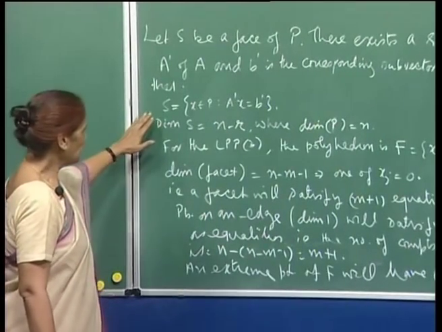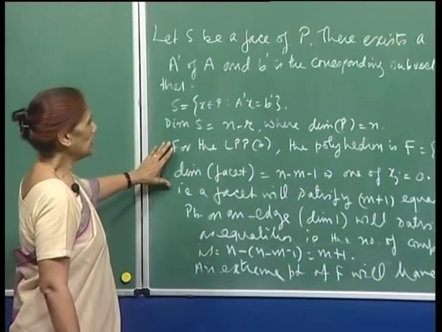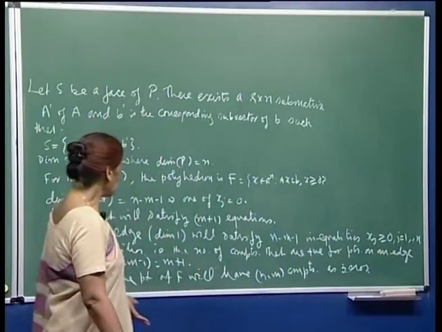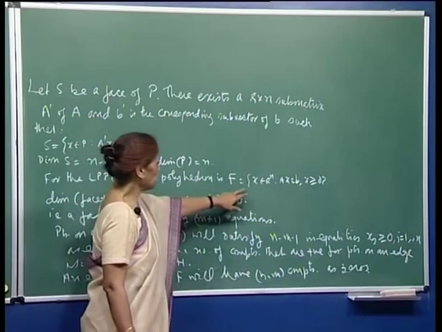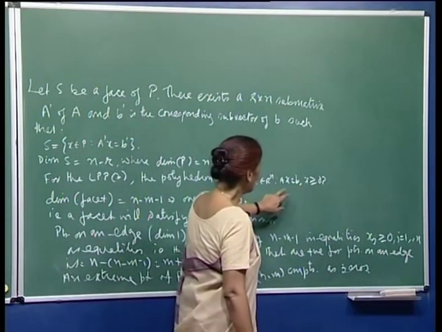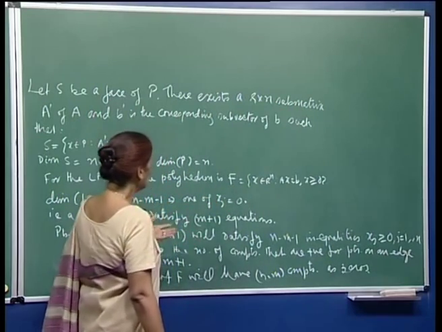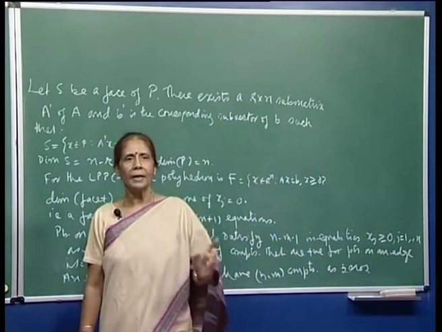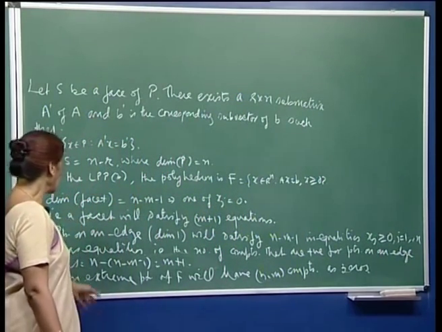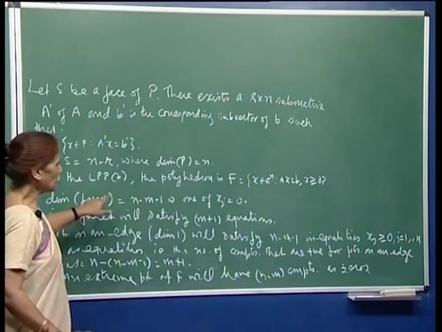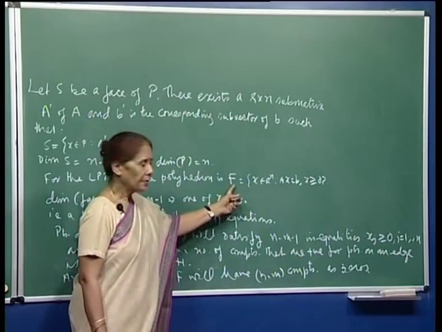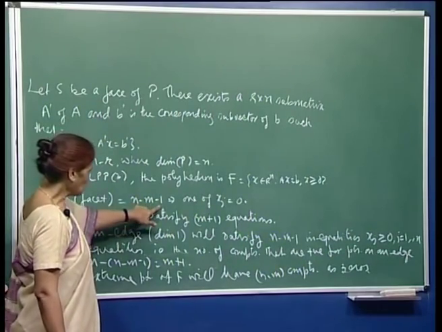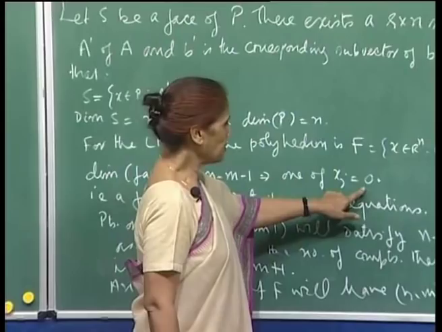Now I want to translate this concept to the faces of the polyhedron of the feasible set for the linear programming problem. We know that the polyhedron F is defined by Ax equal to b, x greater than or equal to 0, and we are assuming that the rank of A is m. Therefore this polyhedron has dimension n minus m, because the number of variables is n. A facet has to have dimension 1 less than the dimension of F, so its dimension is n minus m minus 1, which implies that one of the x j must be 0.